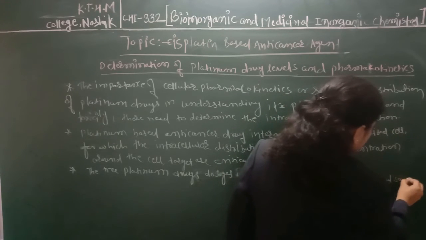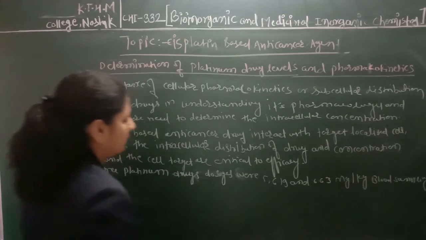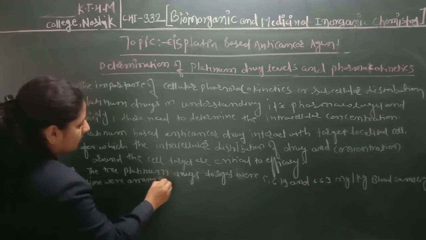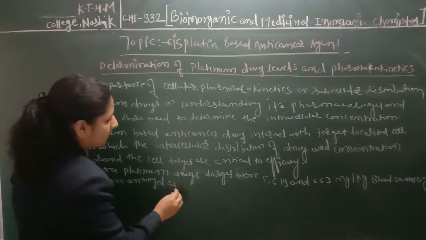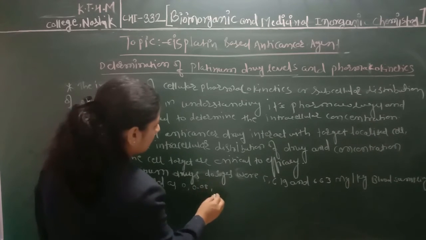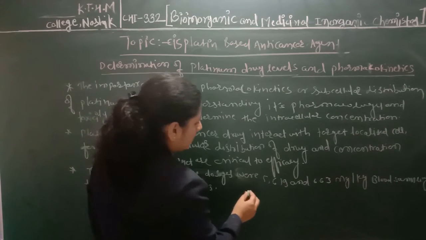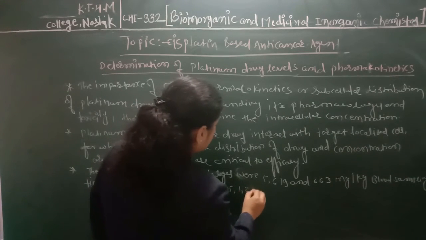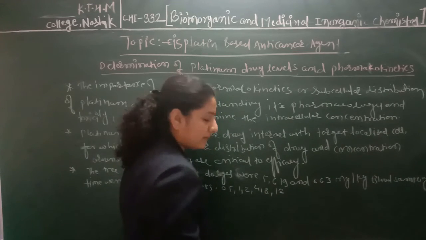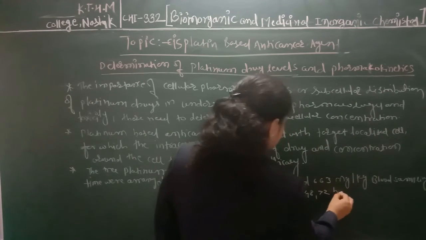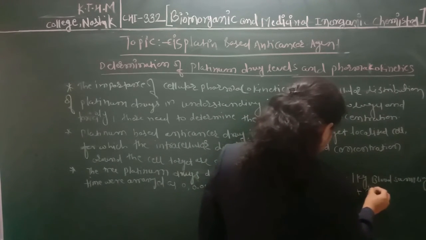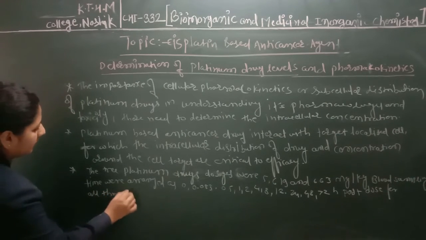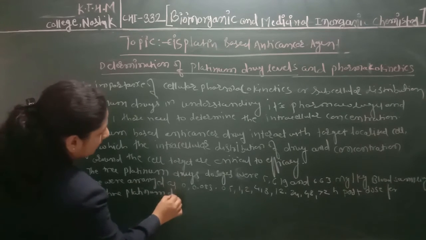Blood sampling times were arranged as 0.08, 0.5, 1, 2, 4, 8, 12, 24, 48, 37 hours post dose for all three platinum-based drugs.